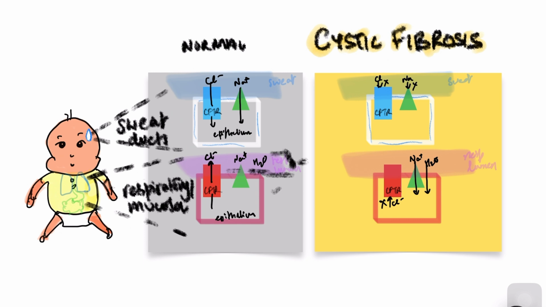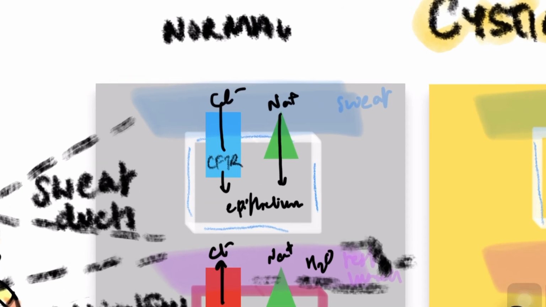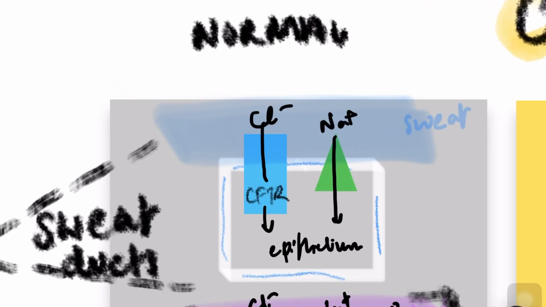Now, let's go into the happenings that manifest because of this. In a normal person, the CFTR channel brings chloride into the epithelium, into the cell from the sweat. This happens in the sweat ducts, right?